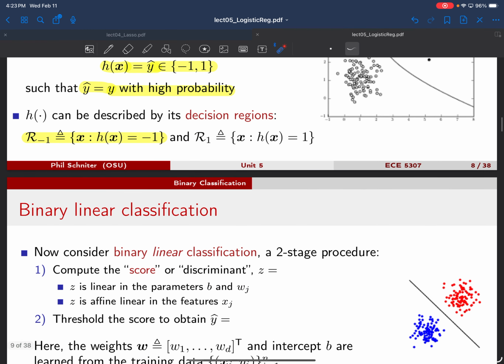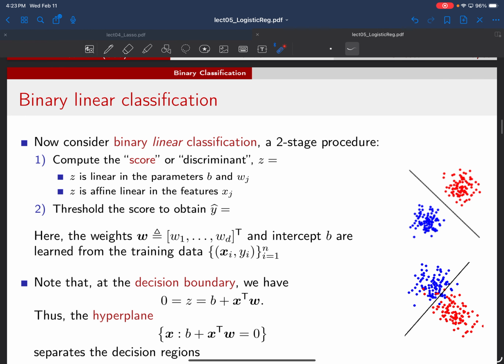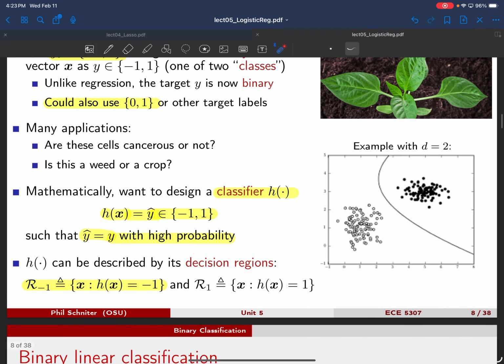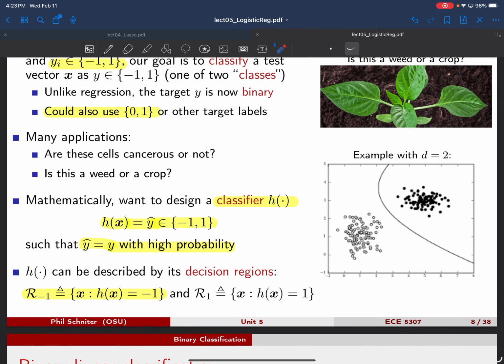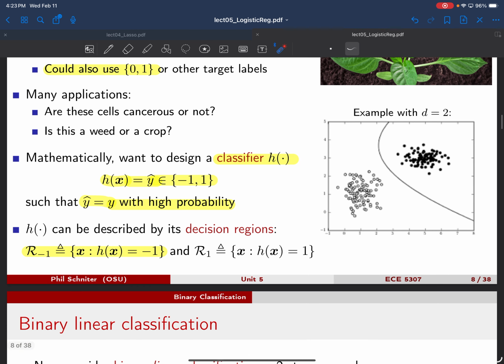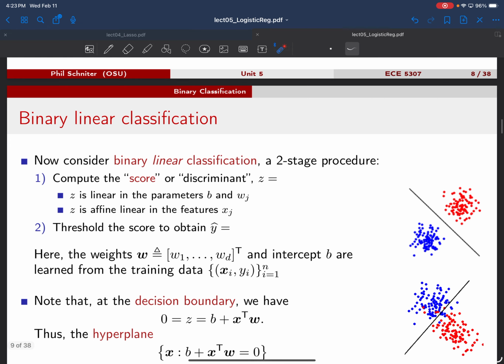Okay, great. So now, classification is possibly a very generic and very complicated thing. So to start, we're just going to study the simplest kind of binary classification, which is what's called binary linear classification.